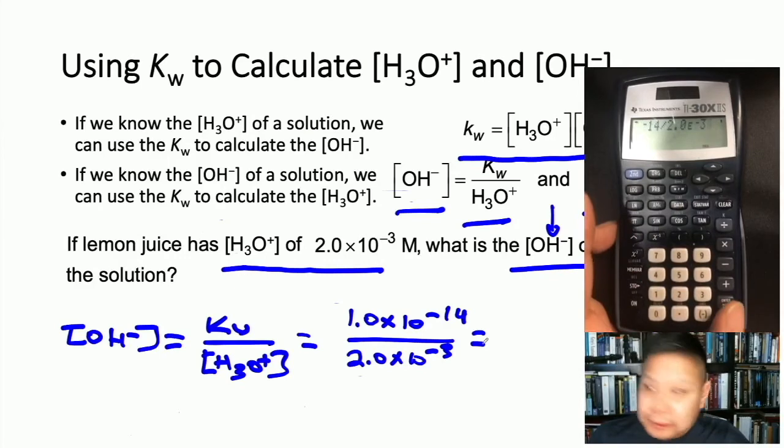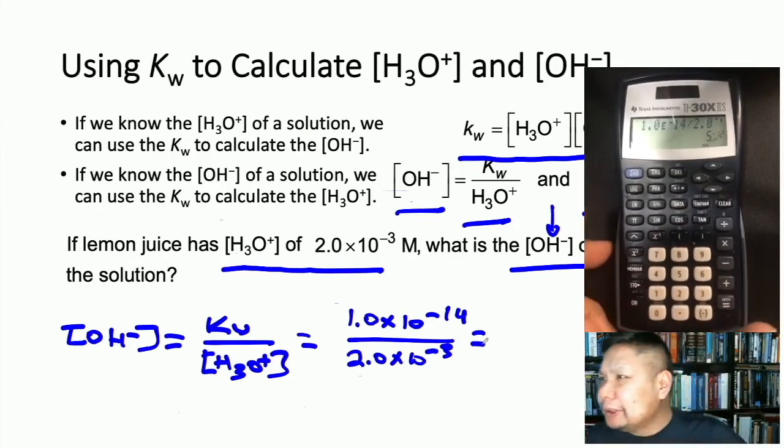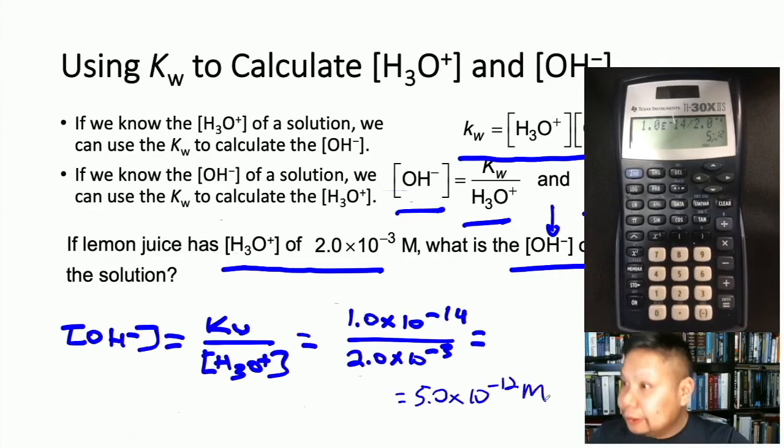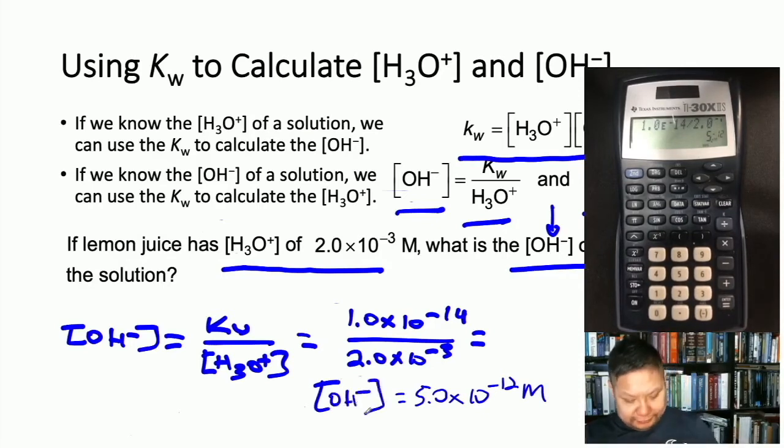Press enter, and what do we get? We get 5.0 times 10 to the negative 12 molar. And that's our concentration of hydroxide ions. Cool stuff.